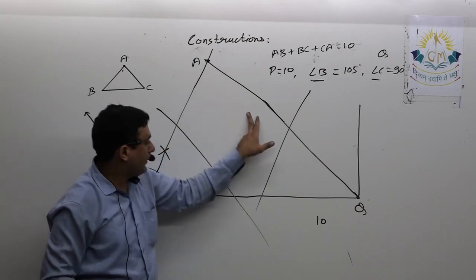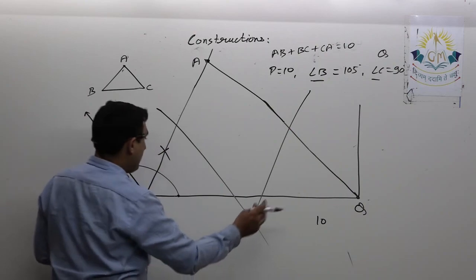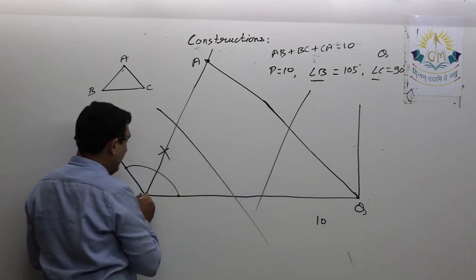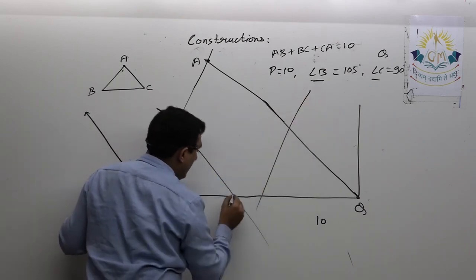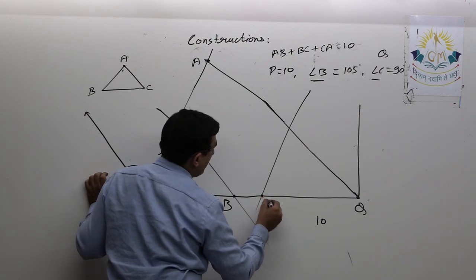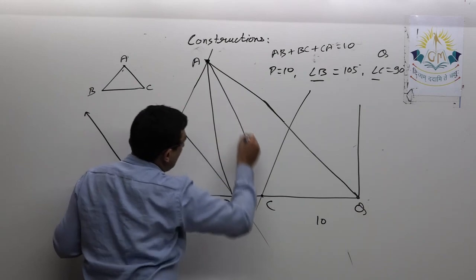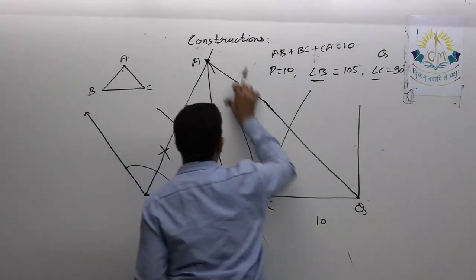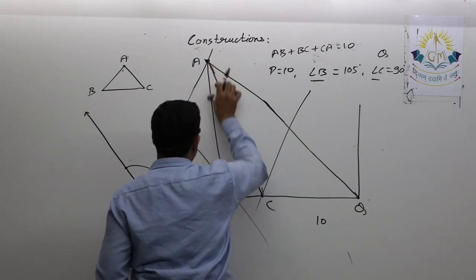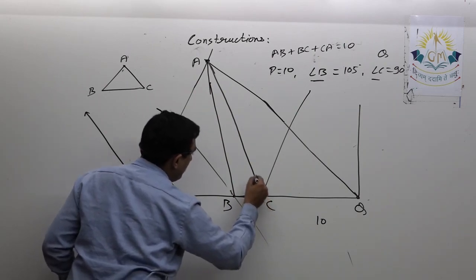Similarly, when I draw the perpendicular bisector of AQ, it will meet the base PQ. Now as this point P I took as angle B, so this I will say is point B, and similarly this I will say as point C. Now when I join A, B and C, then I will get triangle ABC. Here I am not getting it exactly, but this is the way to get the triangle ABC.